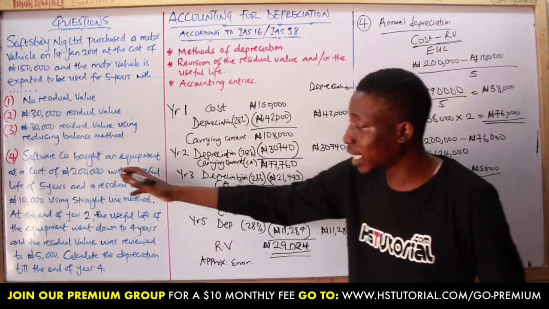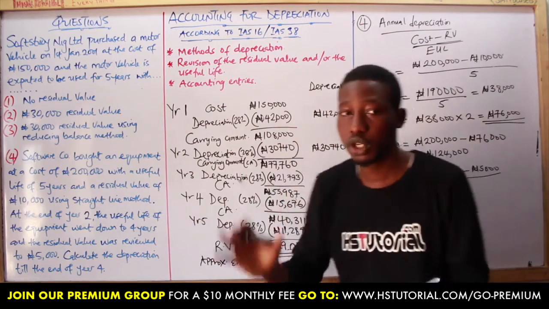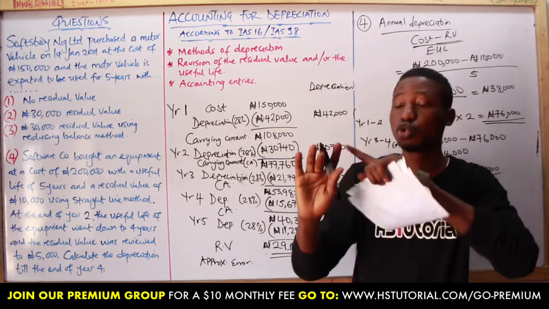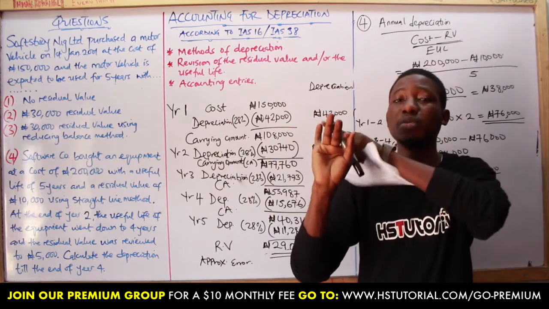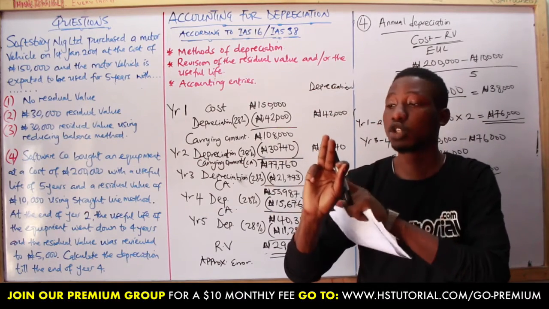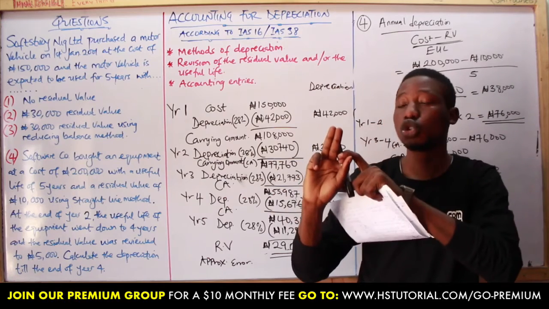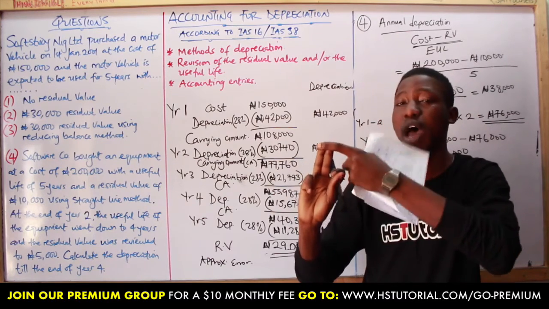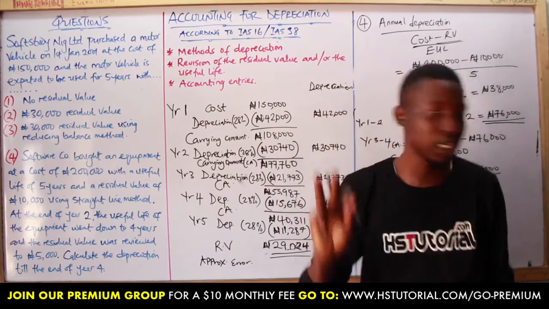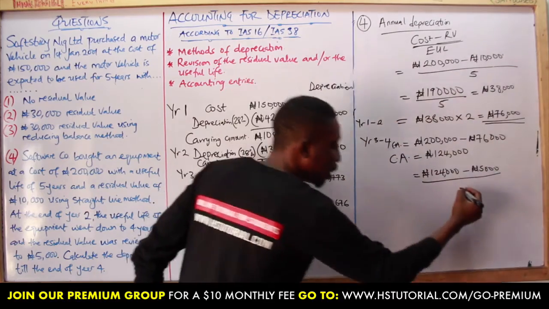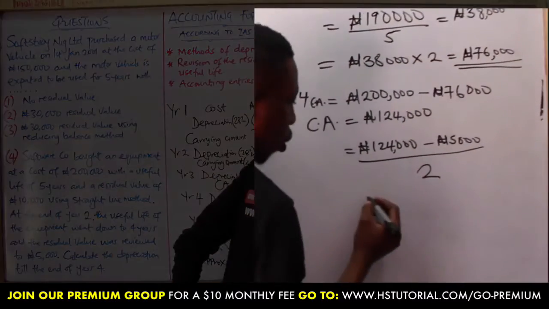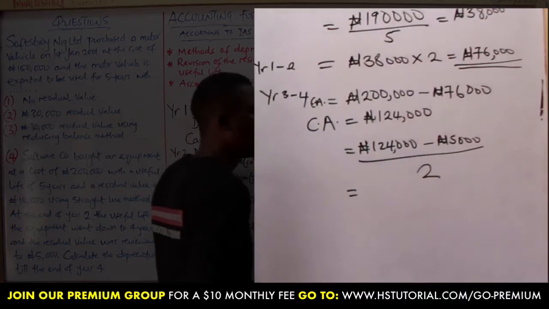You have used 2 years out of the 5 years, but they now said it is not meant to be 5 years any longer, it is meant to be 4 years. So you have used 2 years out of the 4 years, and what will now be remaining is just 2 years. So it is now 2 years that you have to apply to what you have here.